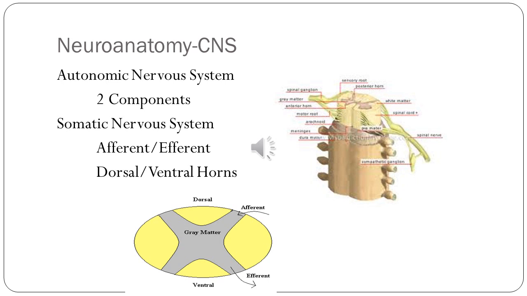The other part of our nervous system is the somatic nervous system, and the somatic nervous system again is our voluntary control. And again, two components of that, you have your afferent and your efferent nerves. Your afferent are your sensory nerves, your efferent are your motor nerves. And in relationship to the spinal cord, the afferent nerves come in through what's known as the dorsal horn of the spinal cord.